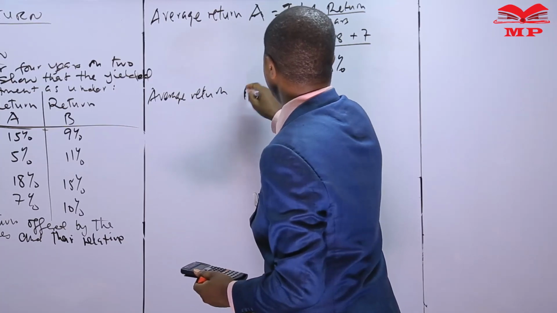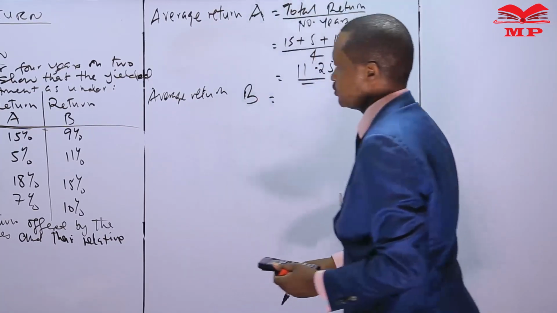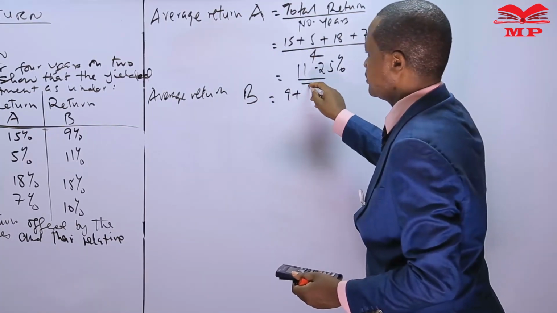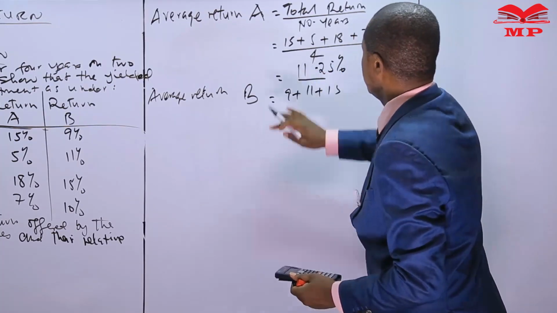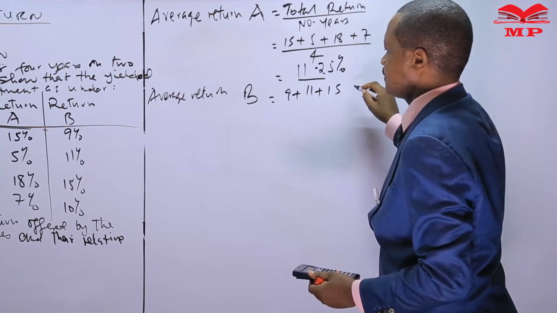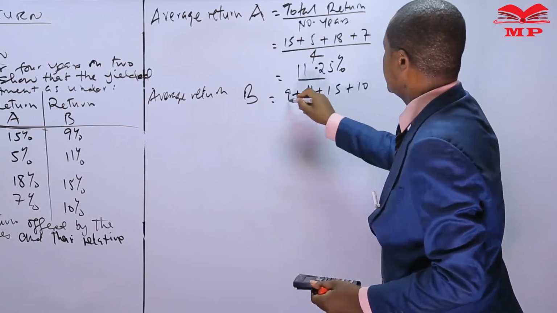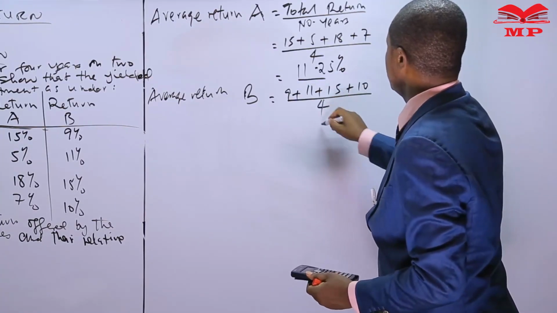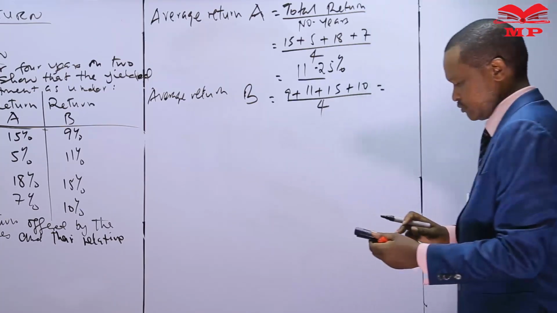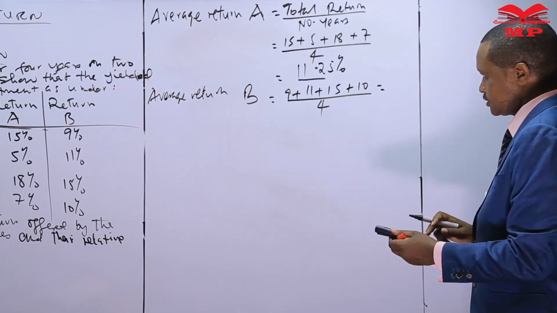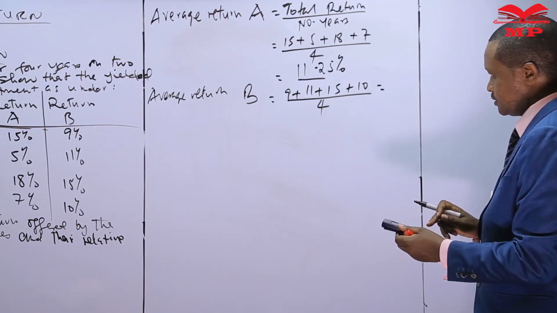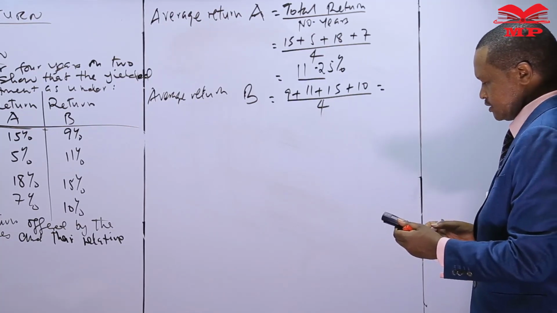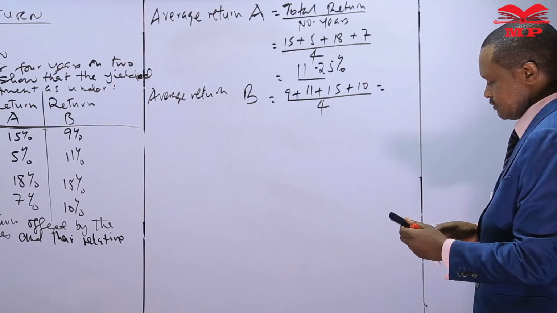Then the average return for security B will be equal to 9% plus 11% plus 15% plus 10% over 4. This will be equal to 20 plus 15 plus 10 divided by 4.